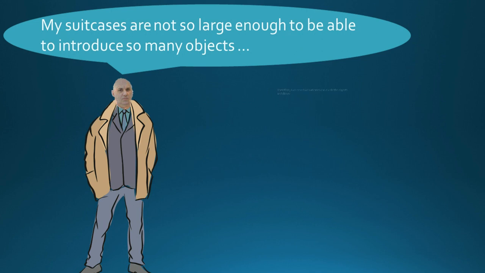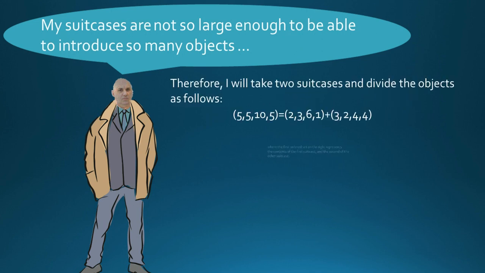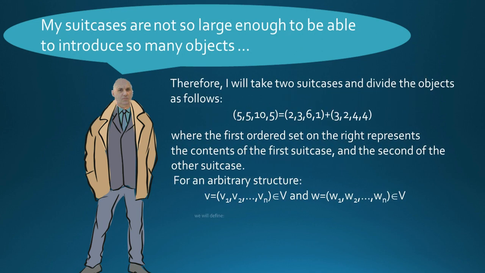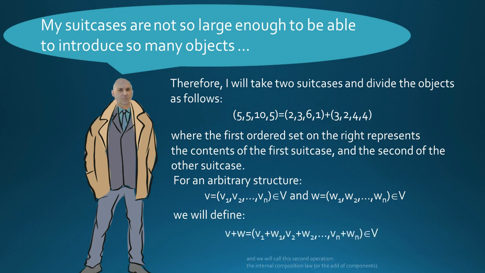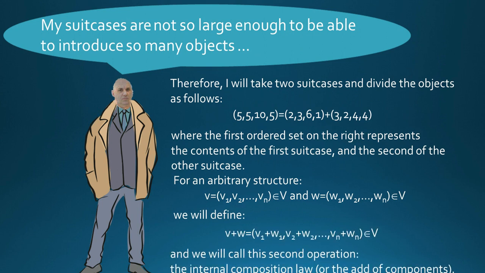My suitcases are not large enough to introduce so many objects. Therefore, I will take 2 suitcases and divide the objects as follows: (5, 5, 10, 5) = (2, 3, 6, 1) + (3, 2, 4, 4), where the first ordered set on the right represents the contents of the first suitcase and the second the other suitcase.